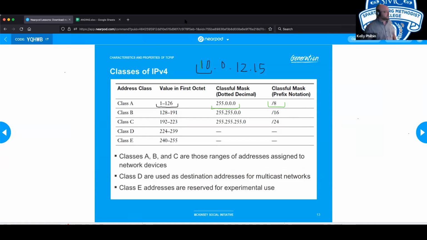And then obviously, for the sake of sanity, in between these two is the 127 range, or loopback. So yes, know these ranges.